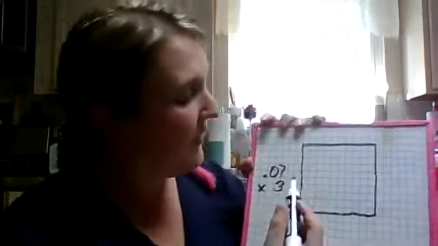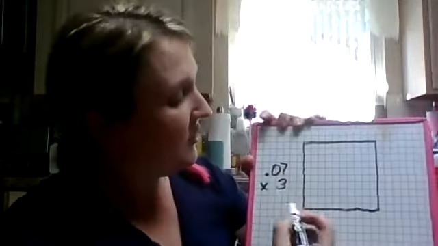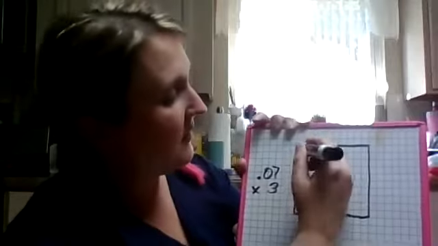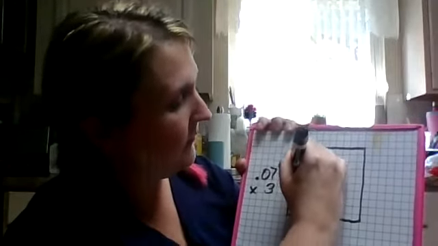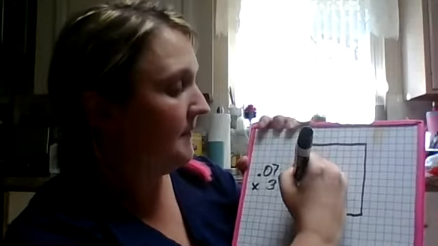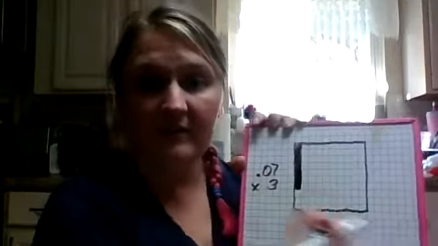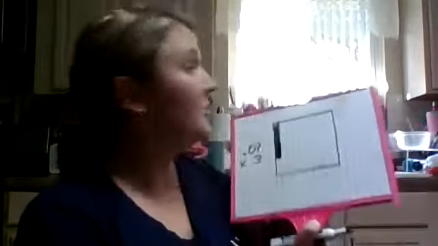The reason is that there are 100 squares in this block. So I would color 3 sets of 7. I have one go all the way down here. There would be my first set. Then I would get a different color so that you can see that I have a second set.